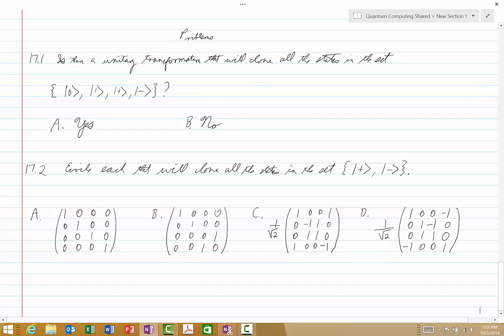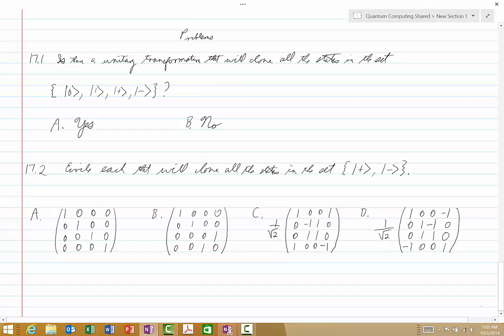For each matrix, you would find that each row is of unit length, each column is of unit length, and each row is orthogonal to all the other rows, and each column is orthogonal to all the other columns. So all of these are unitary transformations, and you have to decide which ones clone these two states.